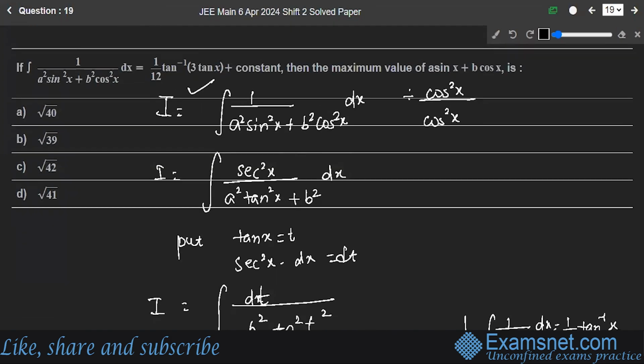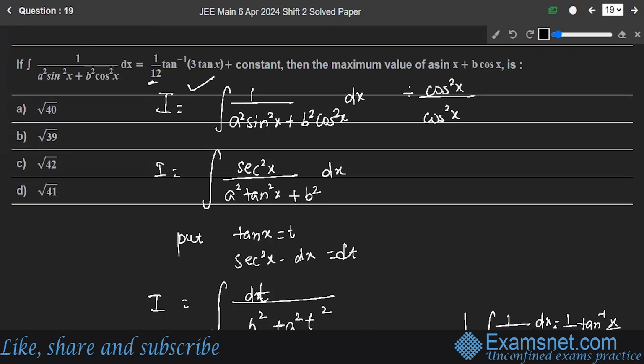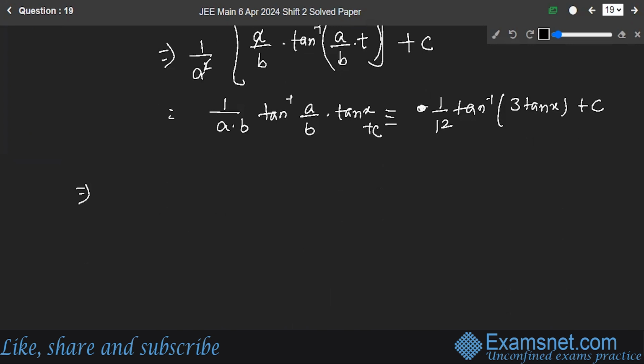I think, yes, there is no minus over here. So you have ab is equal to 12 and a upon b is equal to 3. This gives me a is equal to 3b. So you will have 3b square is equal to 12, or b will be equal to 2. Actually, b will be equal to plus minus 2.